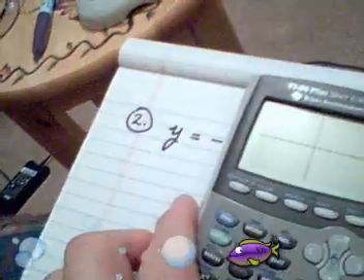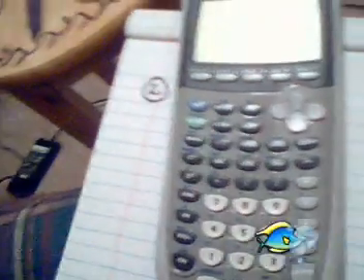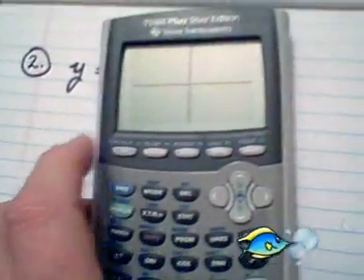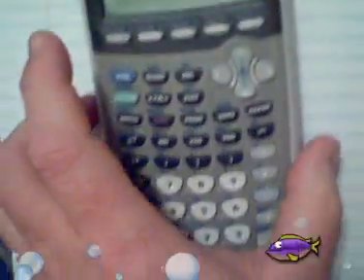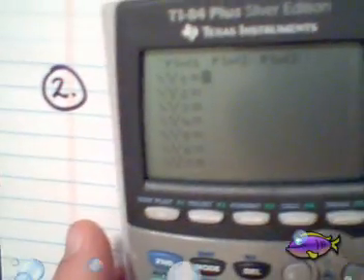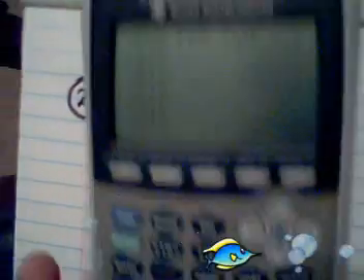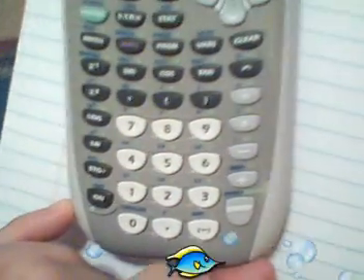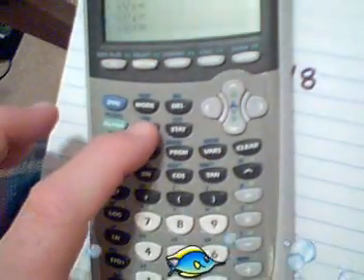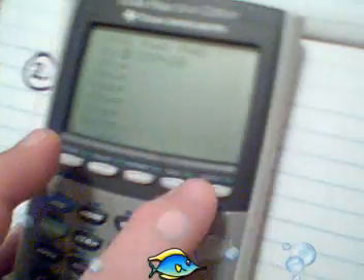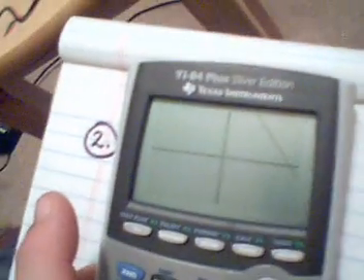The problem is, if I want to enter the function, I hit y equals, and I enter the opposite of, which is down at the very bottom, the opposite of 2x plus 18, and then I push graph.